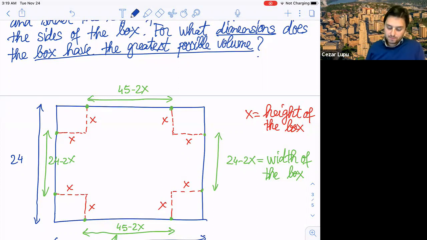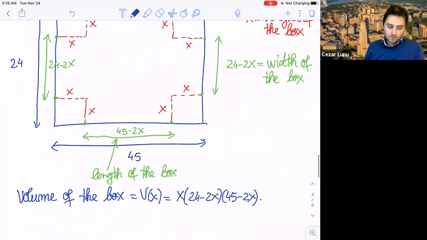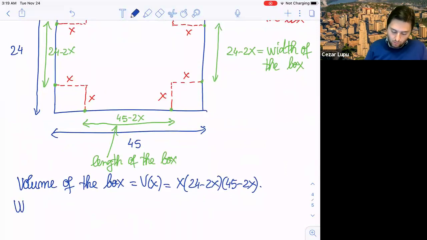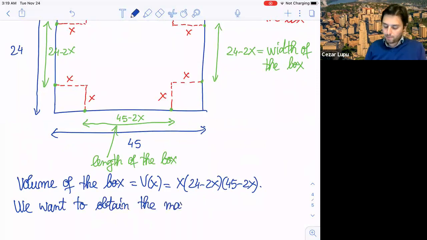So in this case, we would like to obtain the maximum value. That's what we want to do. Okay.